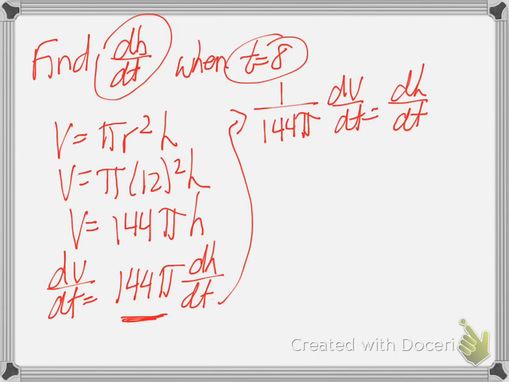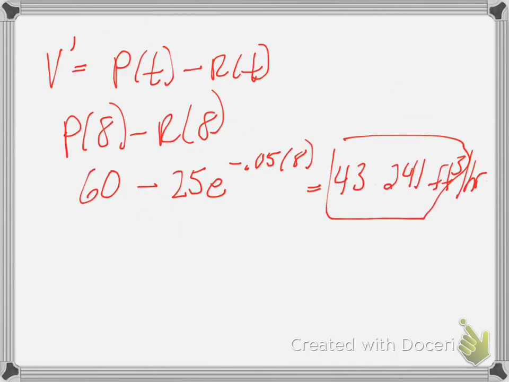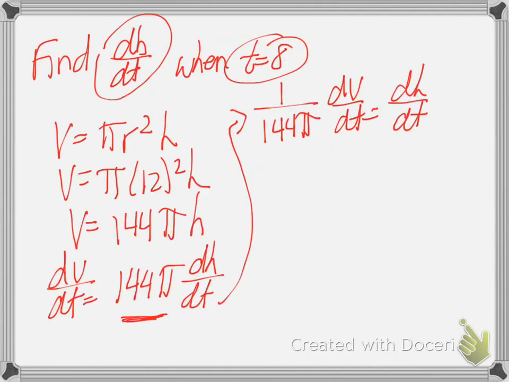But what we can do is, dV over dt is just the derivative, and the derivative, do I still have that other screen? Yes, I do. It's right here. Derivative is just P of t minus R of t. So I'm going to go back.